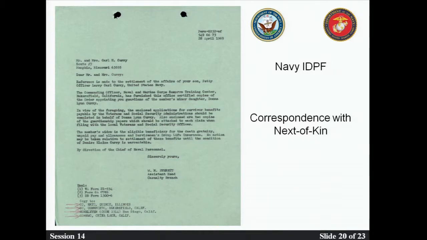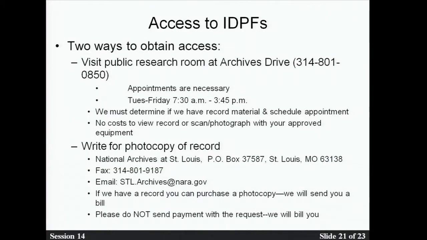And so as a result of that, they were the ones that then were asked to complete various forms, which are listed at the bottom of the document. Veterans Affairs forms for burial, DD Form 1300, which is the death certificate, and so forth. So this is something that is unfortunate, but it has to happen because they have to know who is the legal next of kin. So those are just some examples of some of the documents found in these files.